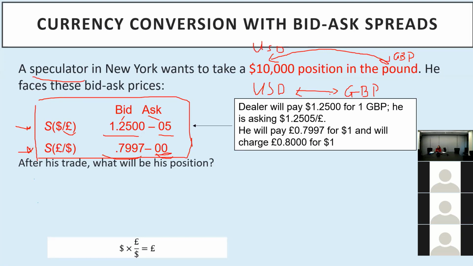Are we trying to sell the USD or are we trying to sell the pounds as the trader? If I exchange 10,000 USD to the pounds, am I selling the USD, or is there an outflow of USD, or is there an inflow of USD? Here we go. We sell USD, right? Spot on. So in this case, we are selling the USD.